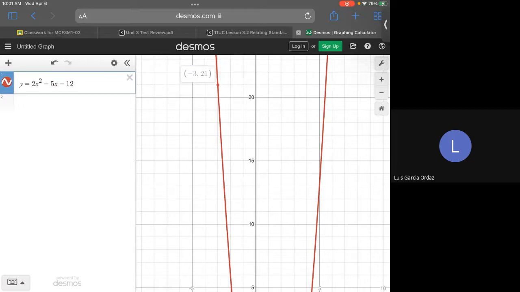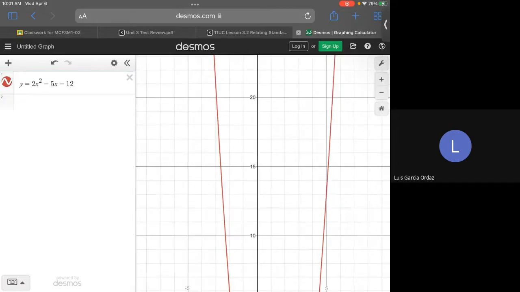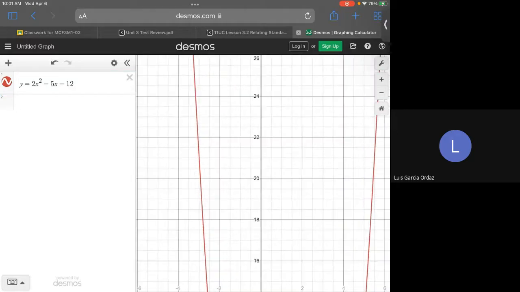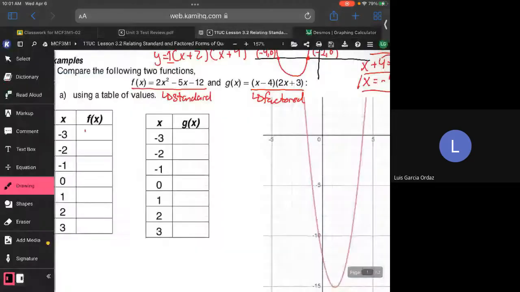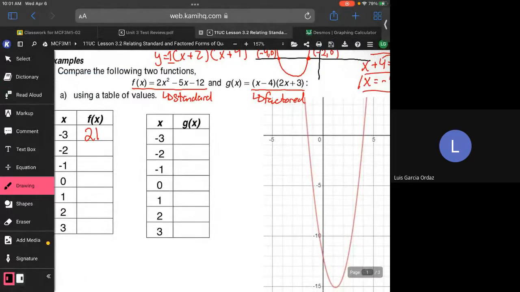It's 21. So at negative 3, my y value is 21. Is there a way that we can figure this out without Desmos? You would have to sub in negative 3 for x, and then you can figure out your values.